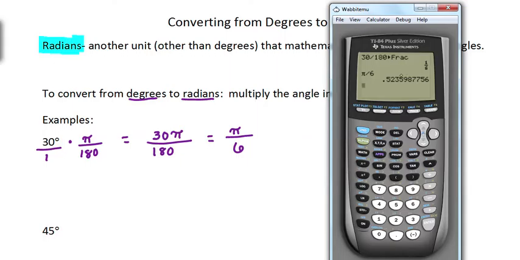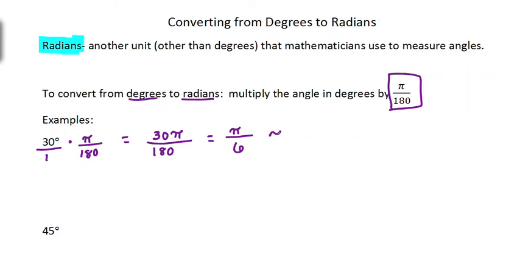This 9 tells me to round this 5 to a 6, so I'm going to have approximately 0.5236. That's a rounded value. These are radians. That's if I multiply it out and actually do the pi over 6. Sometimes the answers will need to be as a simplified fraction. Sometimes they will need to be as a decimal.